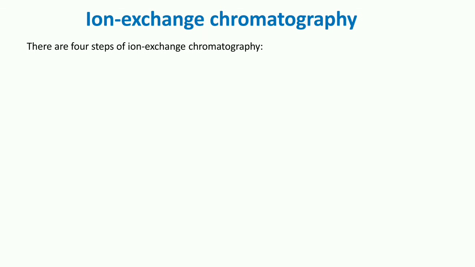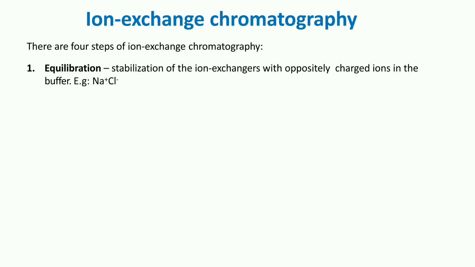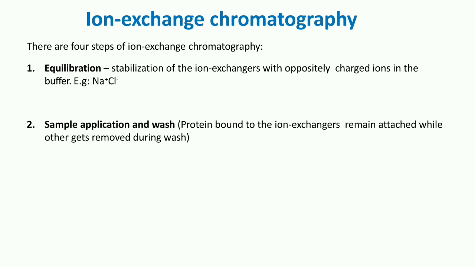So there are mainly 4 steps in ion exchange chromatography. The first step is equilibration. Equilibration mainly includes stabilization of the ion exchanger with oppositely charged ions in buffers such as NaCl. The second is sample application and washing.